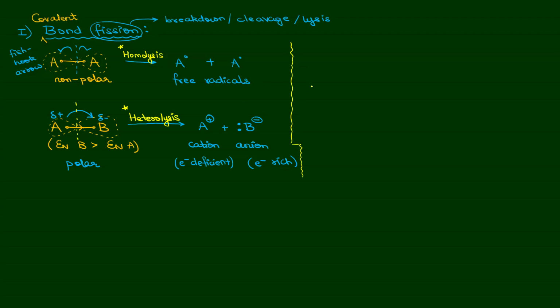The focus for organic reactions will be on carbon. So if there is a covalent bond formed between carbon atoms, such a single bond is formed between the carbon atoms in an alkane, and I take the simplest example of ethane.